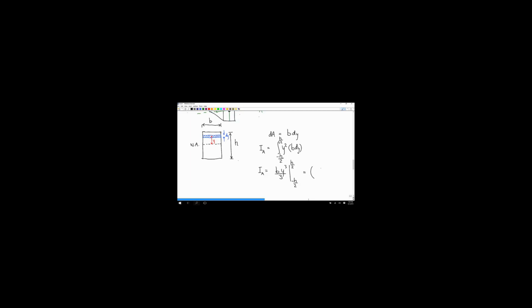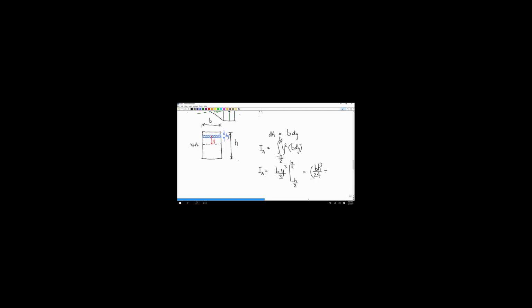And so that's b h cubed. When we cube that 2, it's an 8. So now in the denominator, we have 3 times 8, so 24.